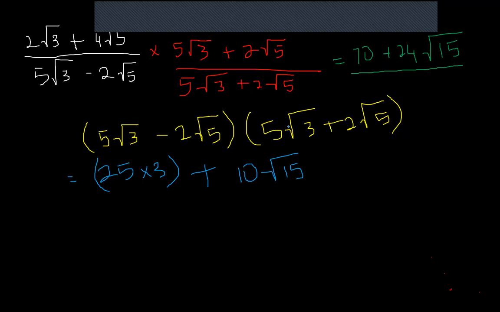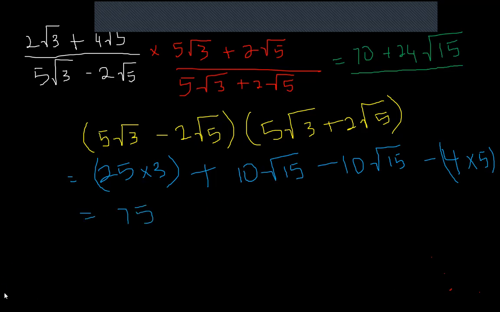Minus 2 root 5 by 5 root 3, that would be minus 10 root 15, and then minus 2 root 5 times 2 root 5, that would be minus 4 times 5. Simplify this even further to get 75.